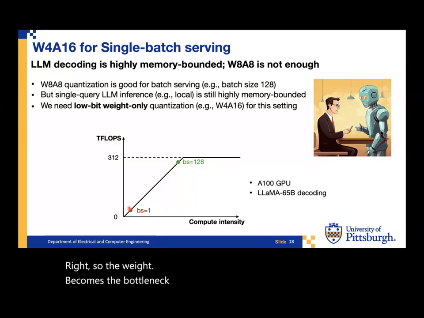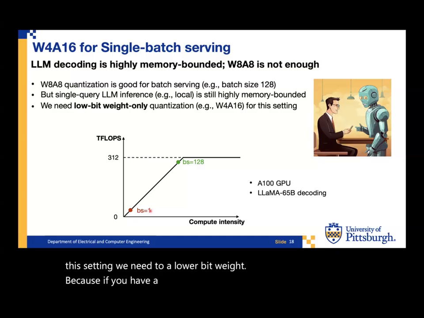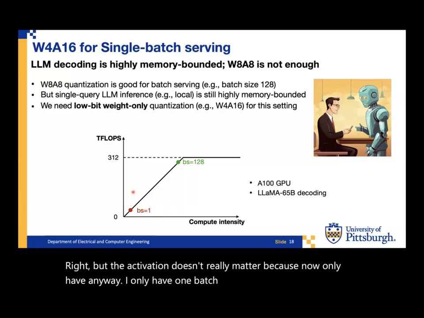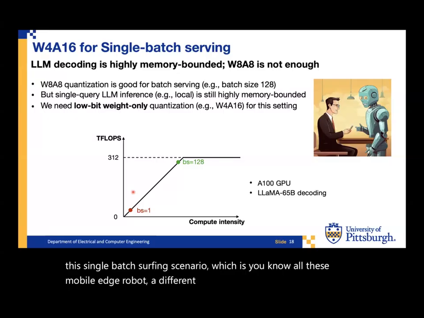Therefore, in this setting, we need lower-bit weights, because if you have lower-bit weights, I can grab the data much faster, right? But the activation doesn't really matter because now I only have one batch of input. So in this single-batch serving scenario, which is all these mobile, edge, robot settings, a different kind of quantization method is needed.